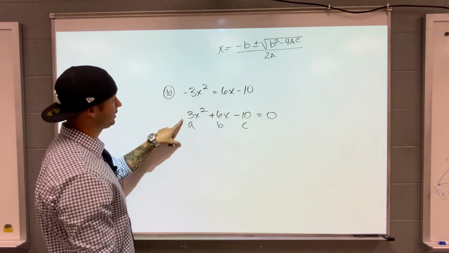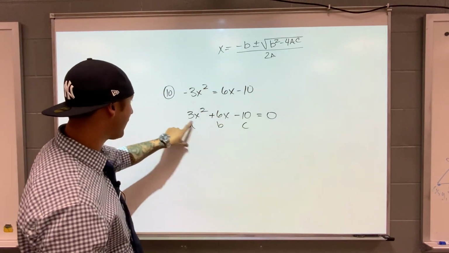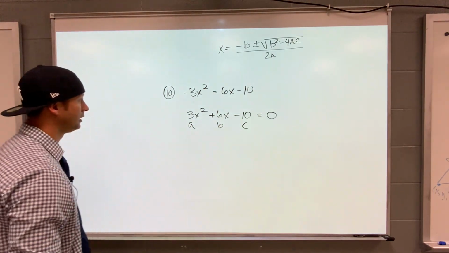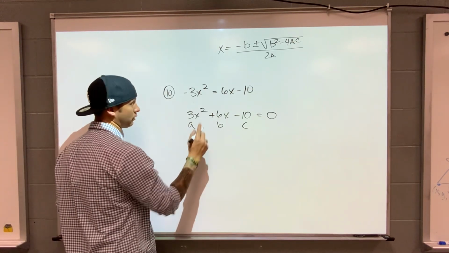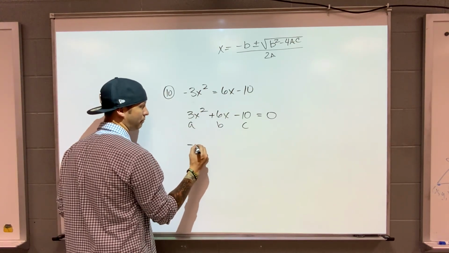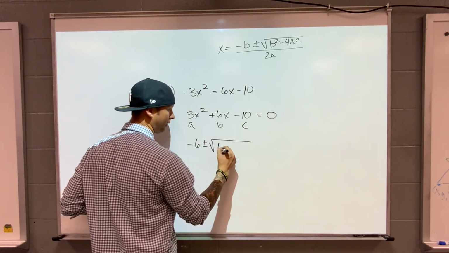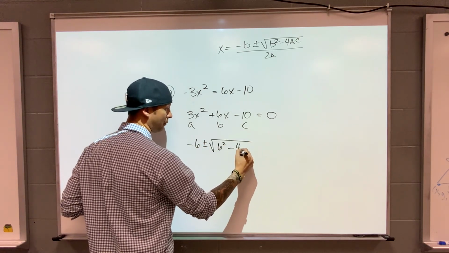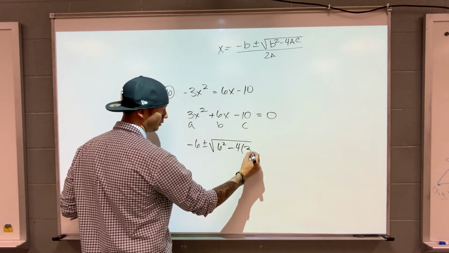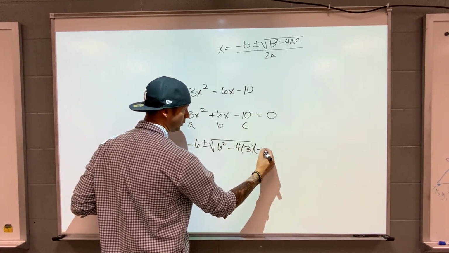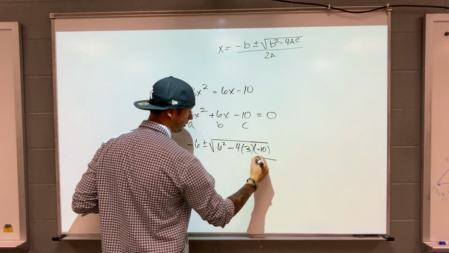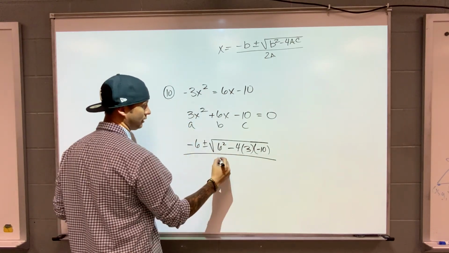One thing I noticed, I was about to say we could factor out some things, but we can't. So let's just go straight to the formula. Negative b, which is 6, plus or minus the square root of 6 squared, minus 4 times a, which is 3, times c, which is negative 10, all over 2a, 2 times 3.